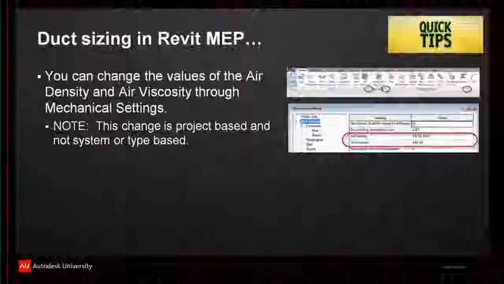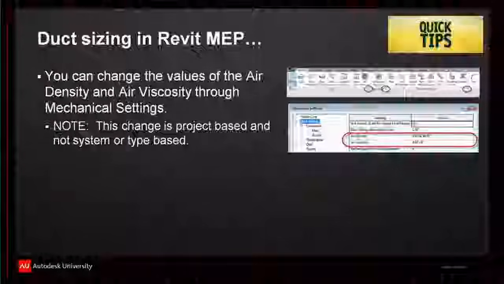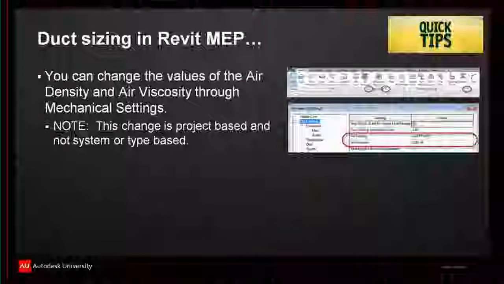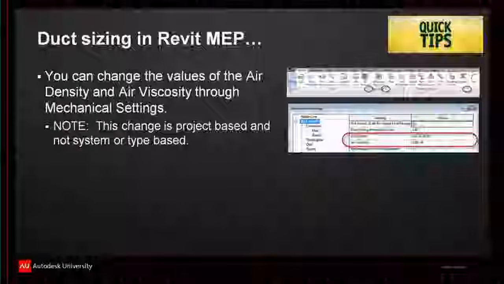Oh, one last thing. What's the big kick to this? The big kick to this, and this is a quick tip for you guys, is that remember, standard temperature and pressure of air is already set inside of Revit MEP. So if you're dealing with that 70 degrees plus or minus 30 degrees on either side, which gives you 40 and 100 degrees, you don't need to make any changes. But if you're dealing with air that's colder than that or warmer than that, opposite ends of the spectrum, you're going to have to make some changes.